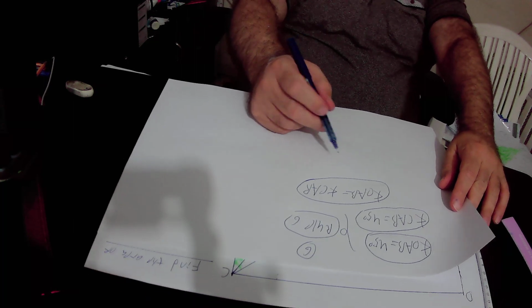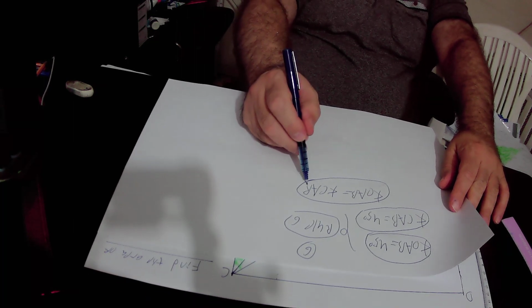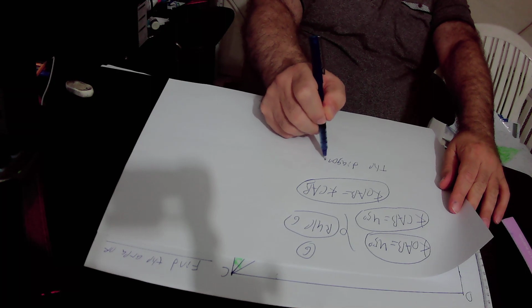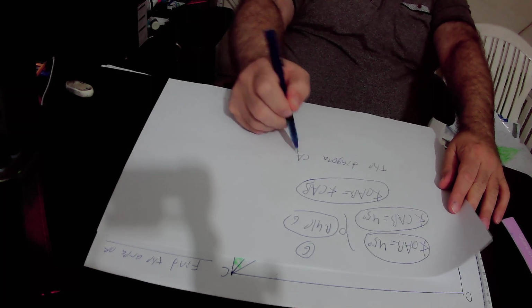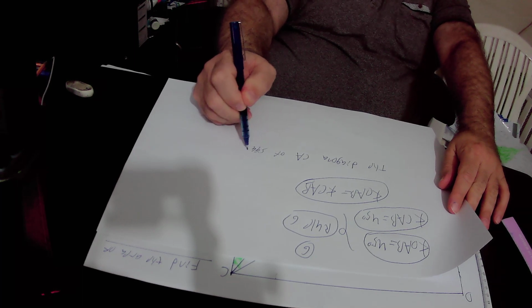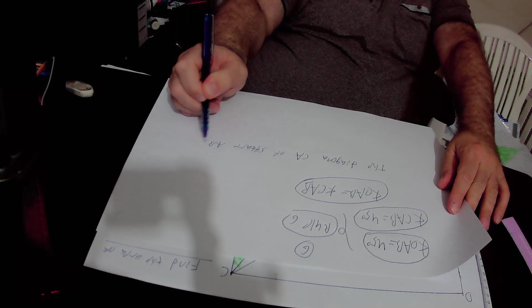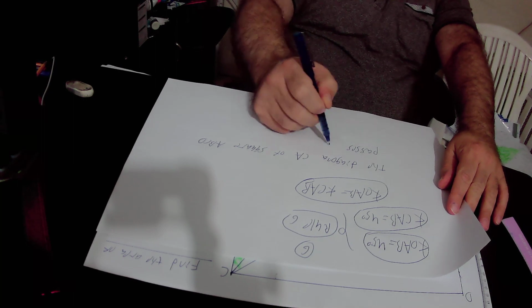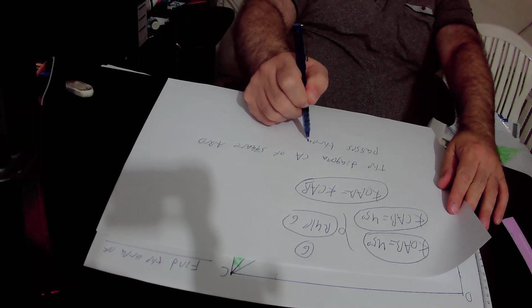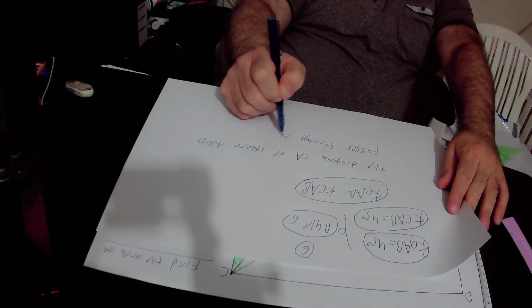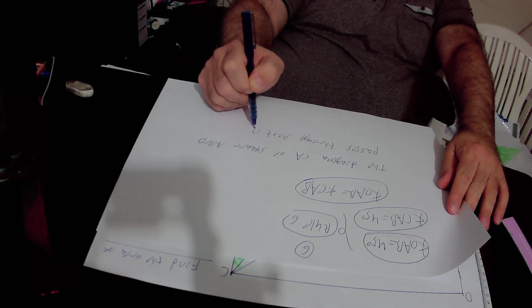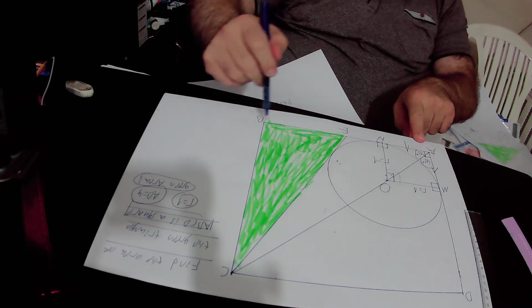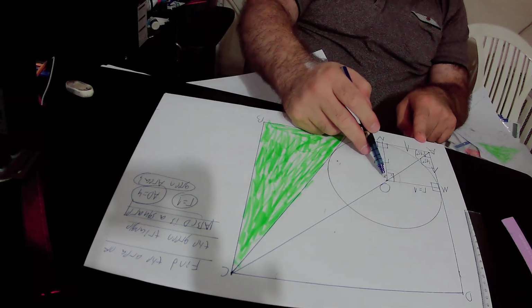We will derive from the fact that angle OAB equals angle CAB that the diagonal CA of square ABCD passes through point O. The diagonal AC of square ABCD, the big square, passes through point O.